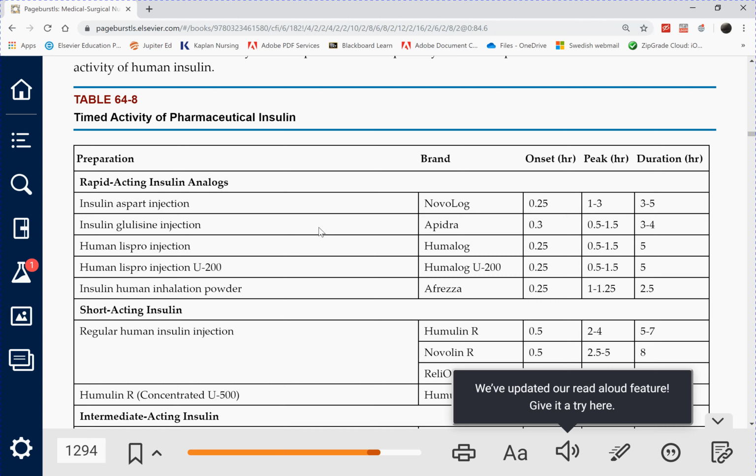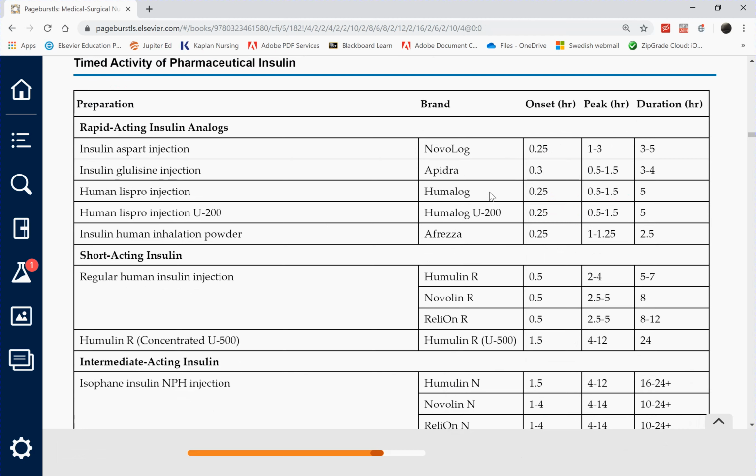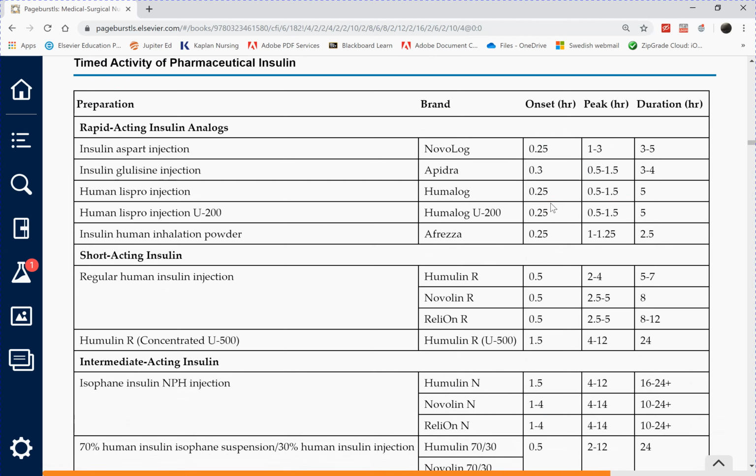So rapid insulins have an onset of usually 15 minutes. For Aspart and Lispro, they are all 15-minute onset, meaning you should give them 15 minutes before a meal.